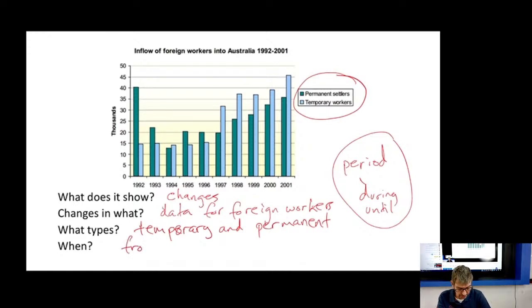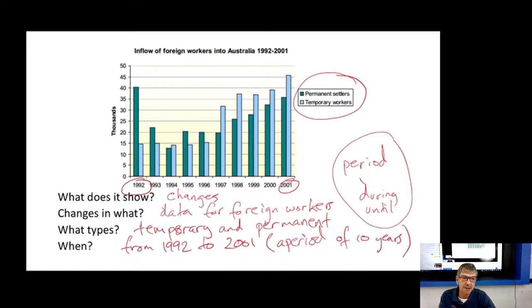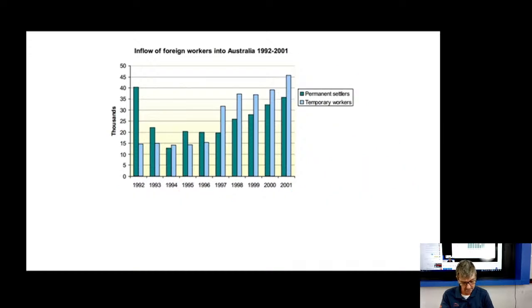Well, it's from this time, 1992, until 2001. And how long is that period? That's a period of 10 years, right? 10 years, so we're looking at a decade. All right, cool.